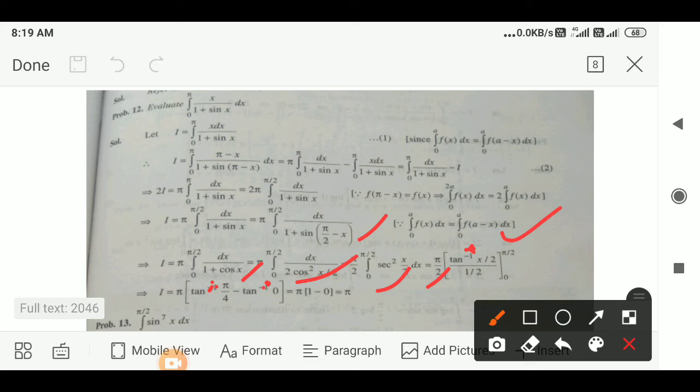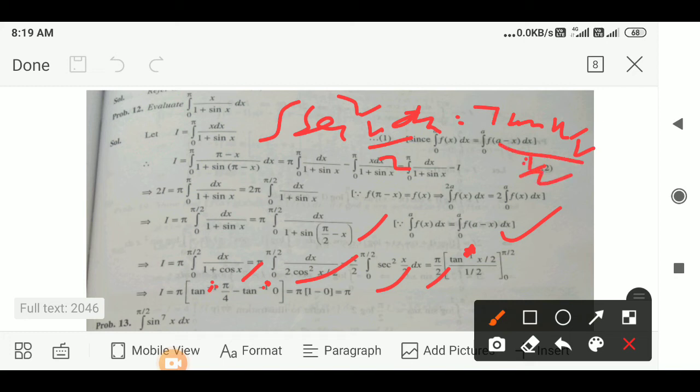We have, this is not tan inverse, this is tan x by 2 upon 1 by 2, because integration of sec square x dx is equal to tan x, not tan inverse x. And here the coefficient is x by 2, so it will be x by 2 upon 1 by 2.